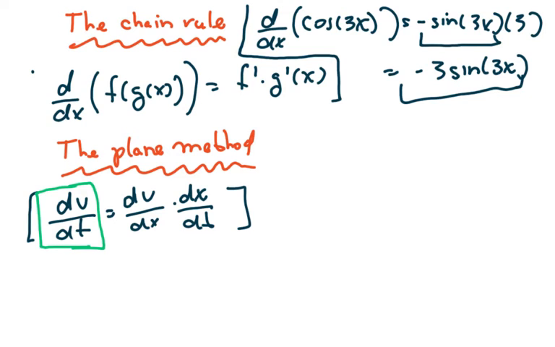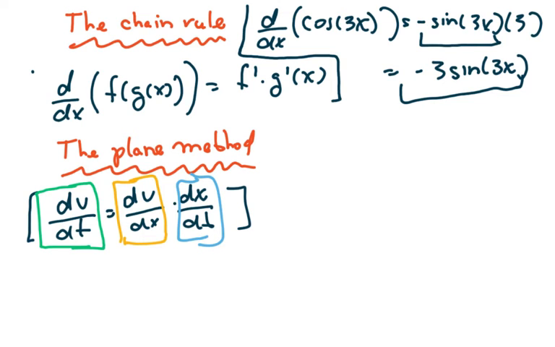Then I am going to do it in yellow. Right here, we have the derivative of v with respect to x, multiplied by the derivative of x with respect to t. I am going to do that in blue.